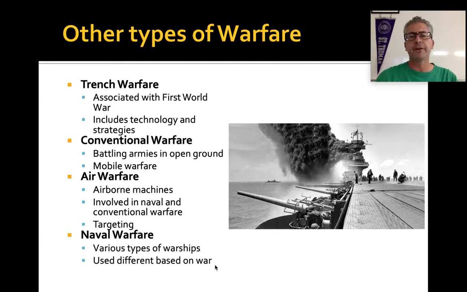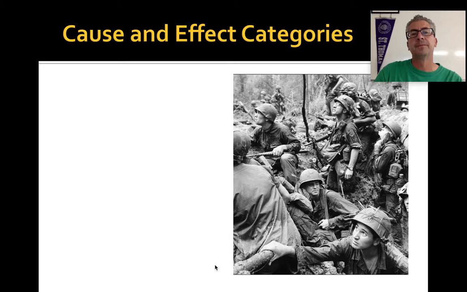And then naval warfare as well. Various types of warships use different bases on wars. Navy is going to play a huge part in the Second World War. And so as we, again, look at these conflicts, we bring in the different elements, the different types of wars as well.